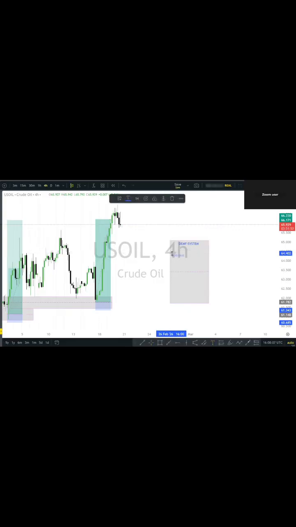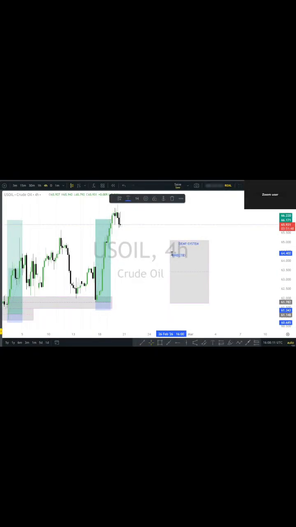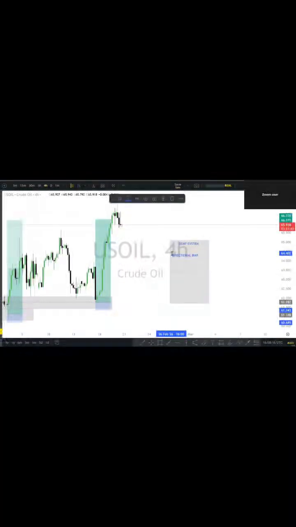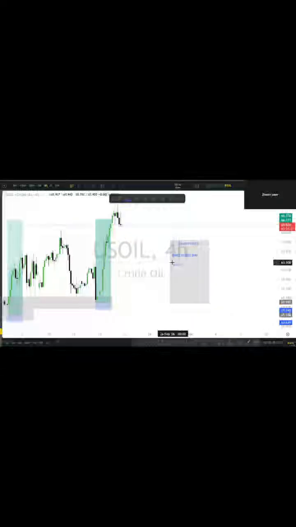I said it revolves around directional bias, so this will tell you where the market is likely to go next. When you know where the market is likely to go next, you can easily make the right decision in the market. The second one is structural bias.